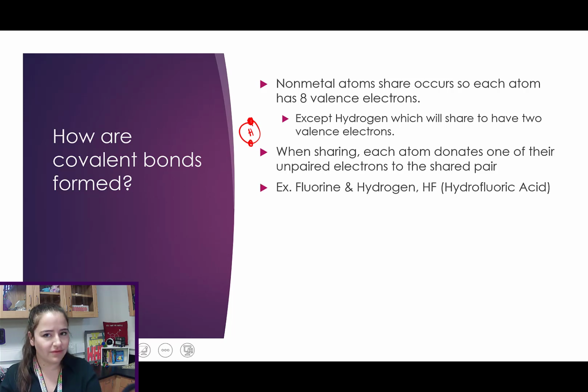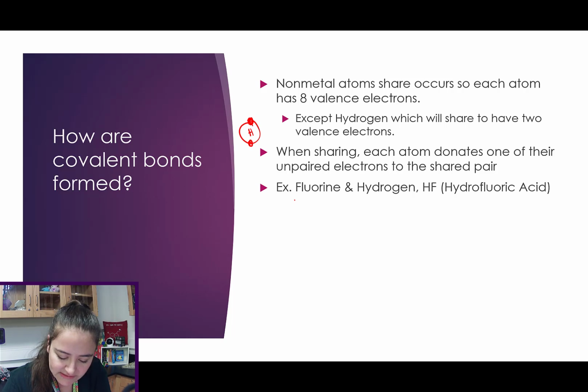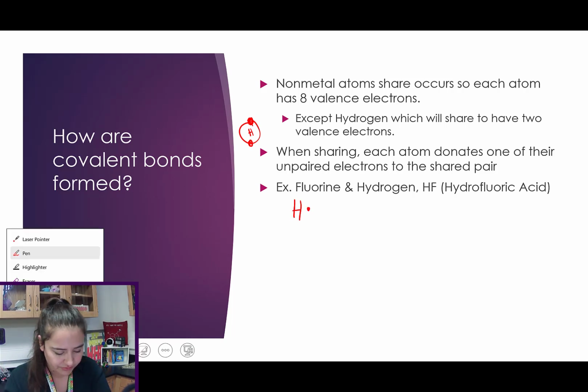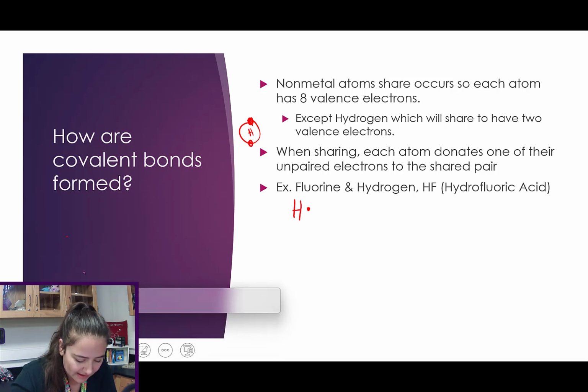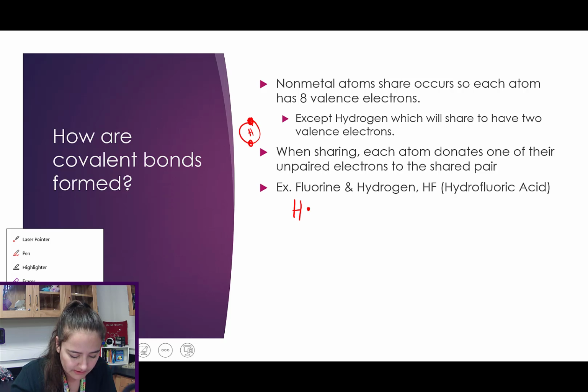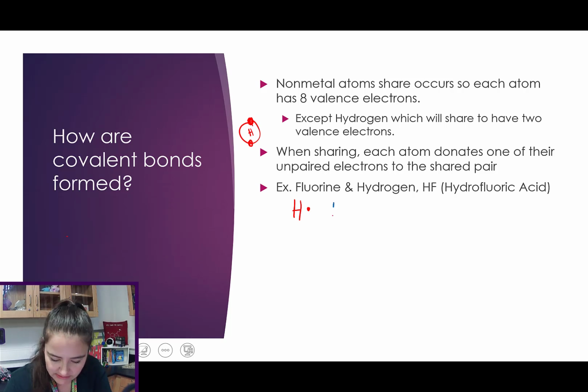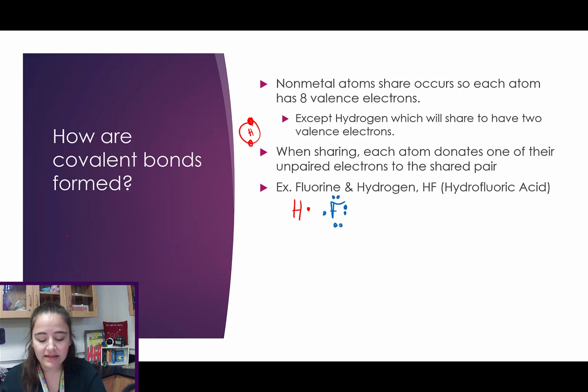Okay, so let's look at an example of this. Okay, we said hydrogen only has one valence electron. Okay, it's in group 1. And then let's look at fluorine. Okay, fluorine has 7 valence electrons. Okay, 1, 2, 3, 4, 5, 6, 7.